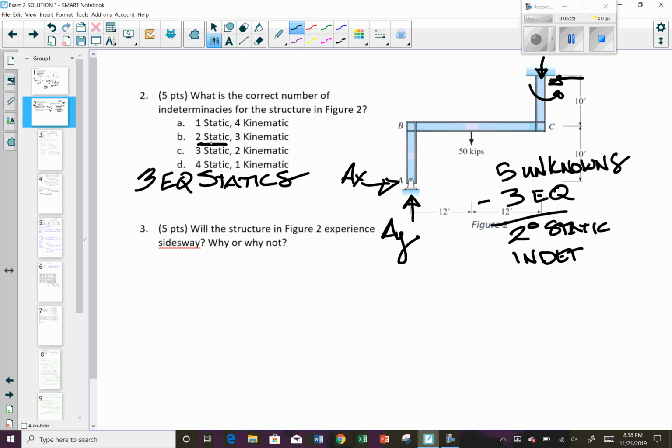So let's verify for kinematic. What do we have? We know we have rotation here, and the beam coming out here. That's going to be our deflected shape.